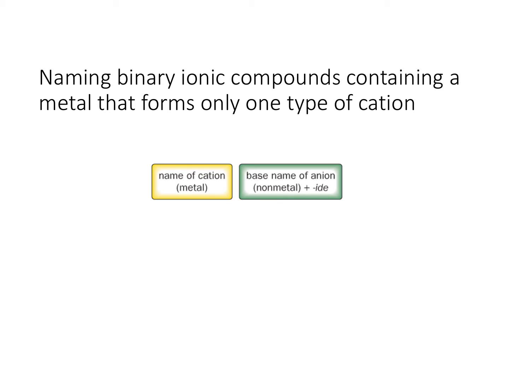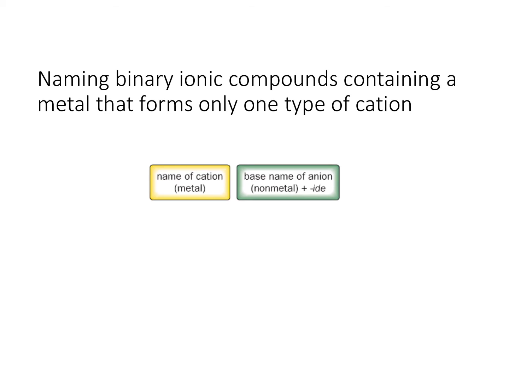If we want to name ionic compounds, we write the name of the cation plus the name of the anion, basically. But remember, the name of the anion was the base name of the nonmetal plus IDE. And as I said, remember sodium chloride. If I give you an ionic compound, you say, okay, sodium is just the name of the metal, chlor is the base name of the nonmetal plus IDE, okay?